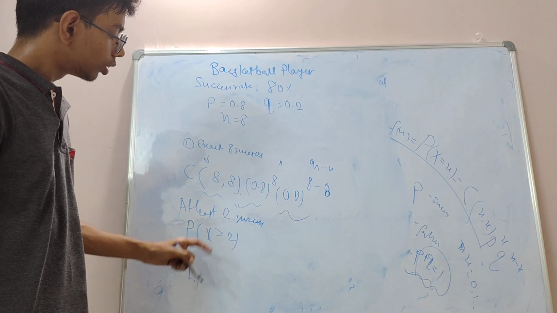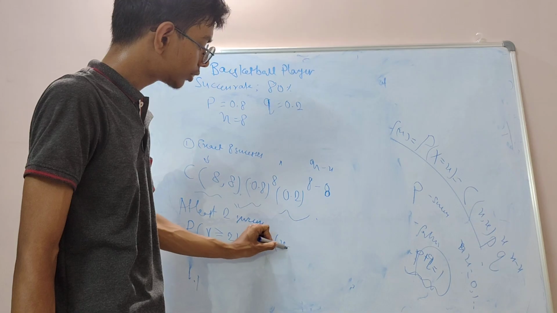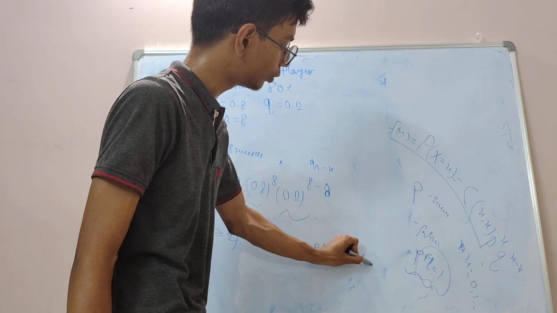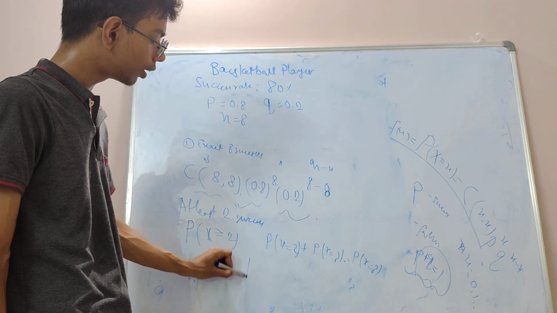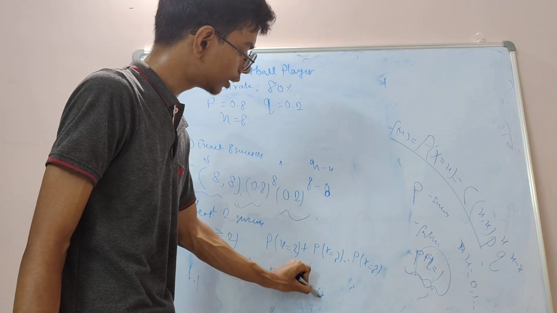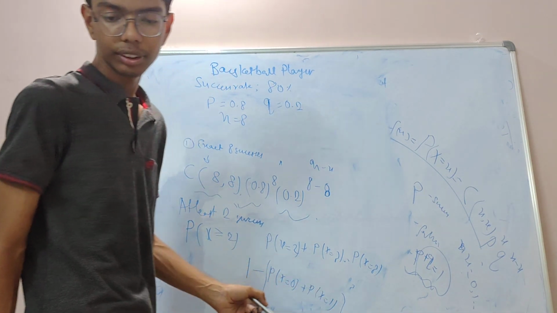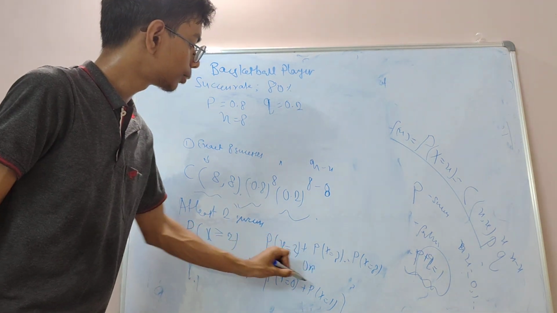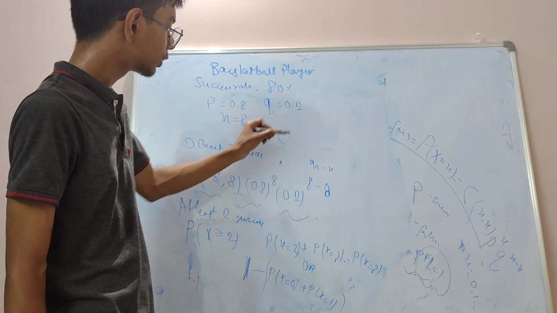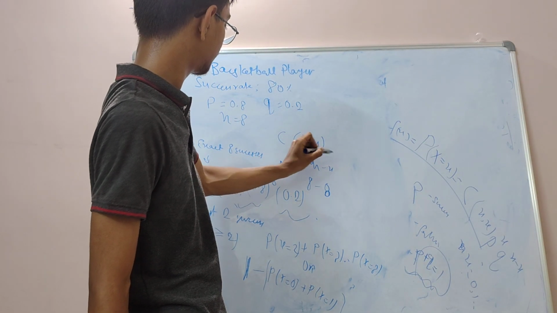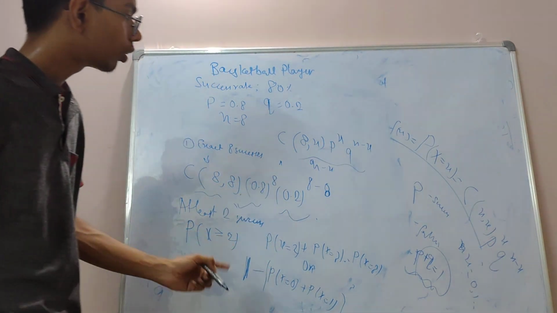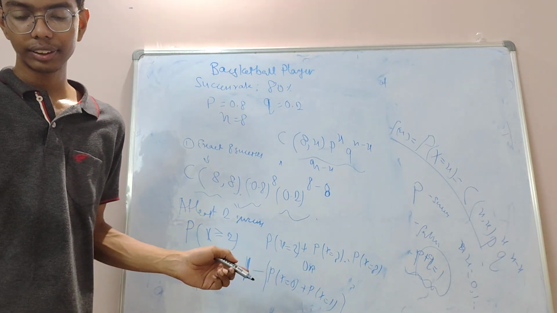Either I will find P(x=2) plus P(x=3) up to P(x=8), or I can also find 1 minus the sum of P(x=0) plus P(x=1), because the summation will give me 1. Here I will insert the values: for x, this is C(8, x) p to the power x and q to the power n minus x. Accordingly I will insert my values and get the answer.